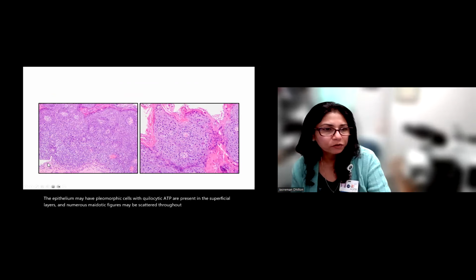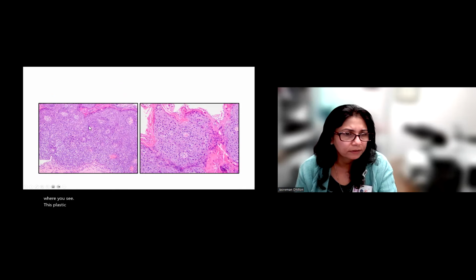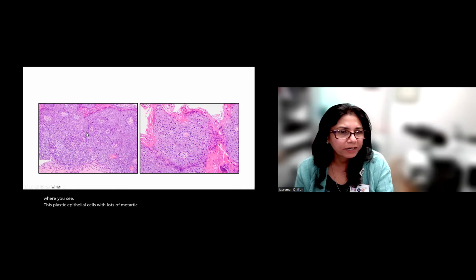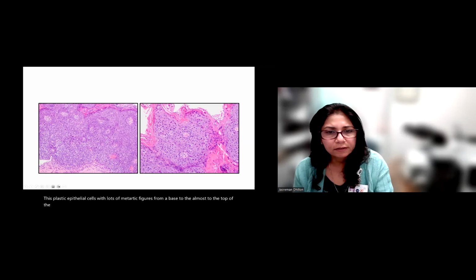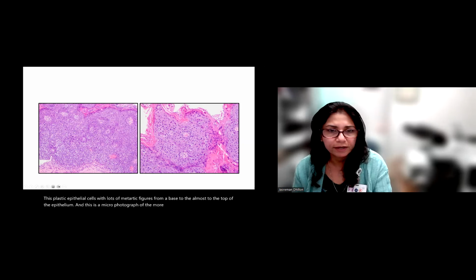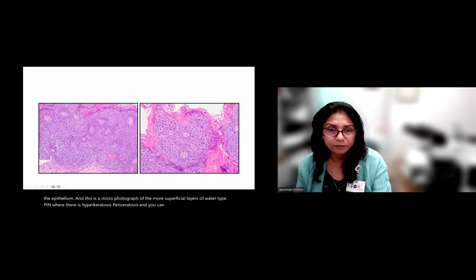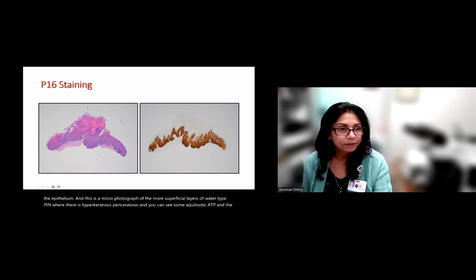This is a high power view where you see dysplastic epithelial cells with lots of mitotic figures from the base almost to the top of the epithelium. And this is a microphotograph of the more superficial layers of warty type PEIN, where there is hyperkeratosis and parakeratosis, and you can see some coilocytic atypia in the superficial cell layers.